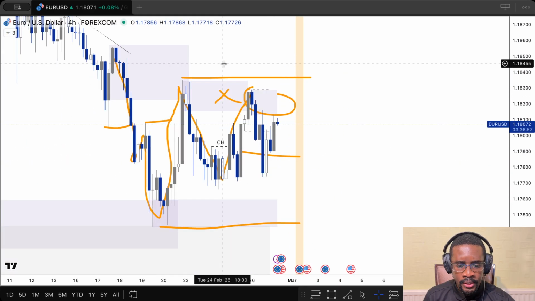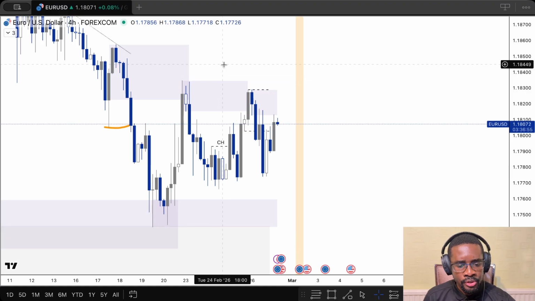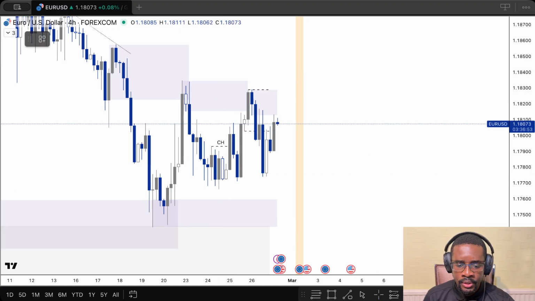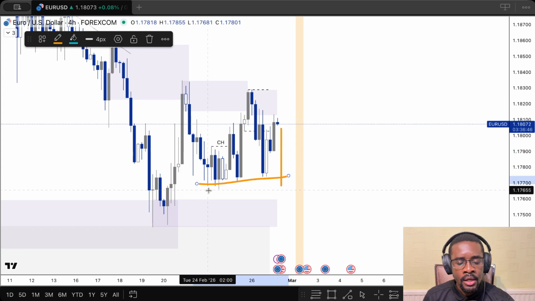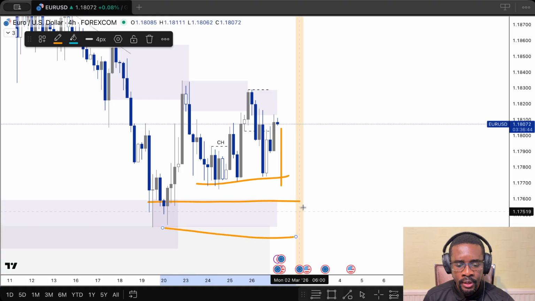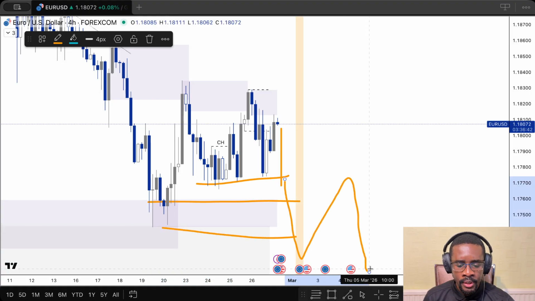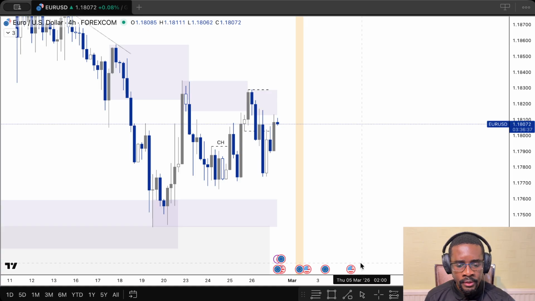Otherwise we may see price continue to respect these areas of supply, if it continues with the downtrend, and then eventually price will break these areas of demand down here, and we may have a continuation to the downside. But this is what we have so far. Price is stuck in the range between demand and supply.